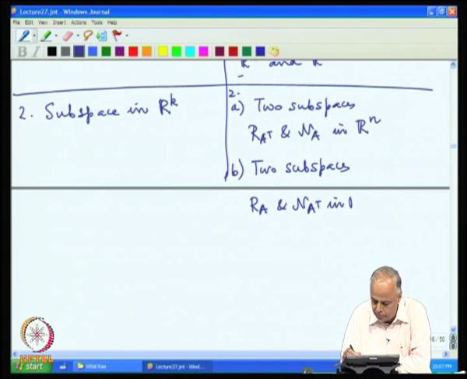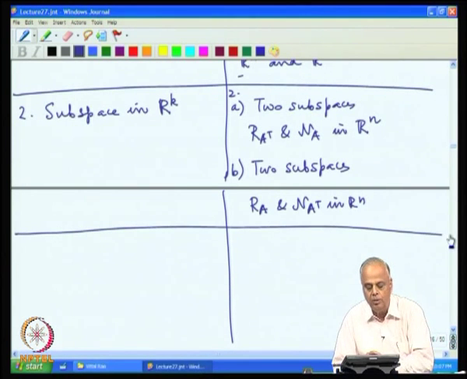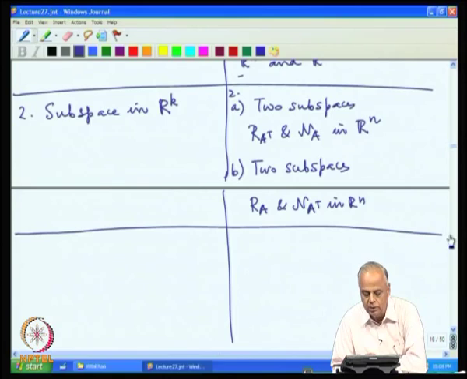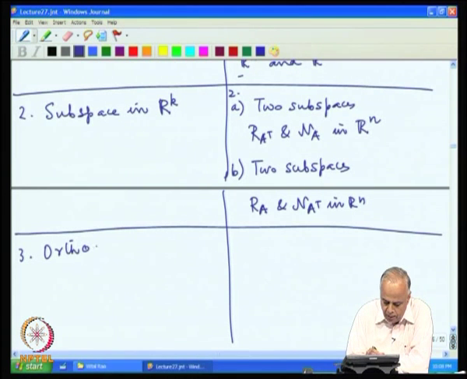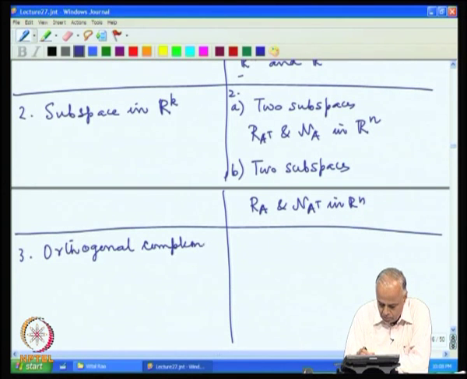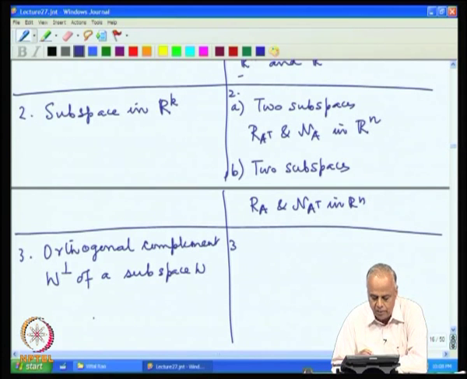So, that is the second thing that we observe, how we use the notion of subspaces in the matrix context. Then we had the notion of orthogonal complement, W perp of a subspace W.